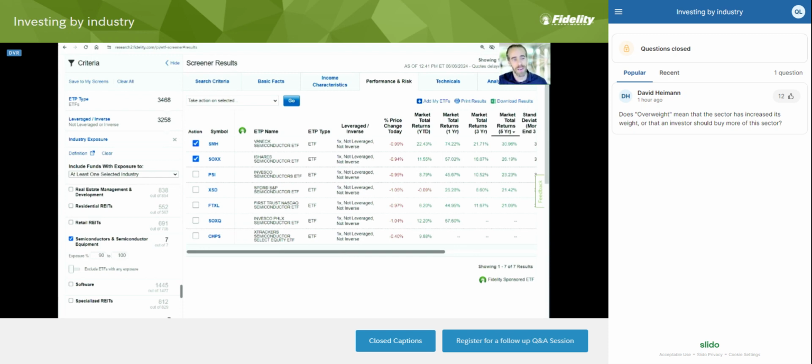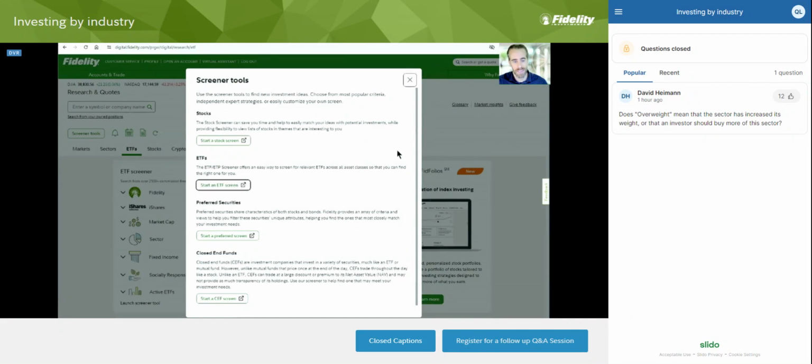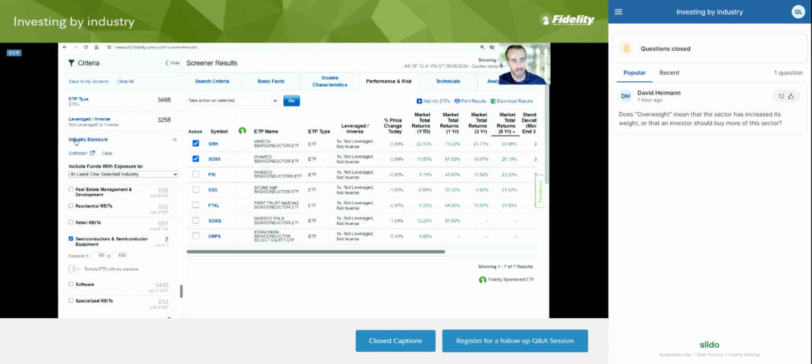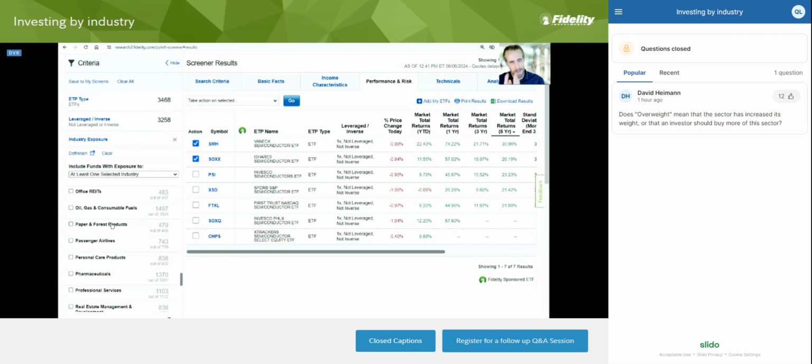Well, that tool on the ETF research page can help you find that ETF that's either following that sector or that industry, or you can go straight to the screener page, find that industry exposure, find that industry that you're looking for, set maybe the minimum exposure that you want to screen for, and then you'll be provided, if there are, oftentimes most of these industries do have a specific industry ETF created for it. If you've got multiple ones like the semiconductors here, you can then start to dive in a little bit deeper.